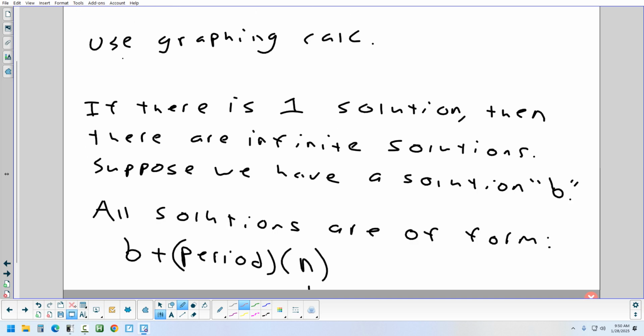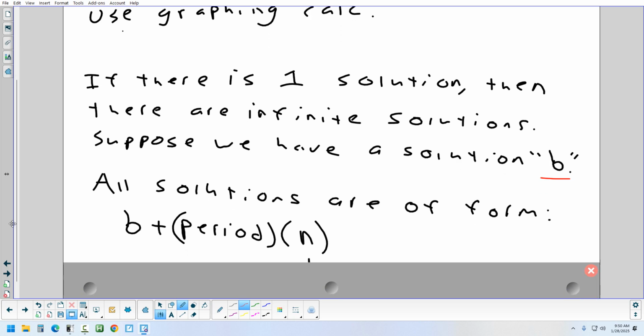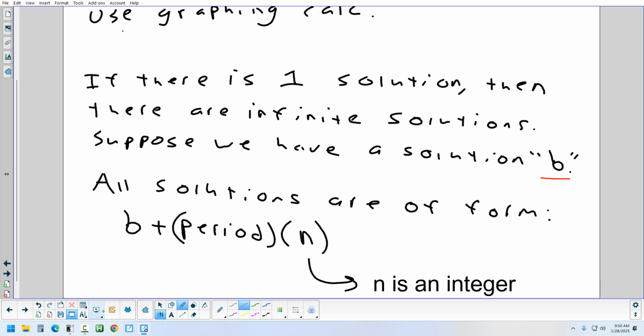Well, today, I'm going to have you find all the solutions in one cycle, and then you're going to just tell me that those answers are going to repeat. How often do they repeat? Every period times n. I can't fill in the period because it depends on the problem.